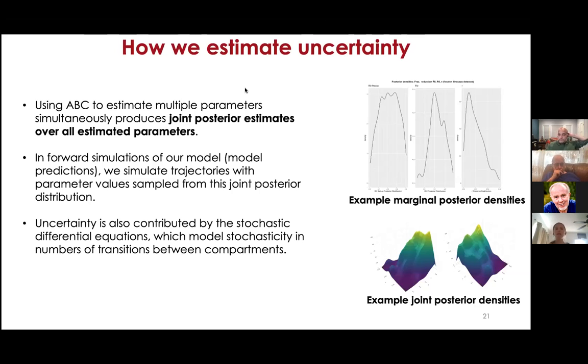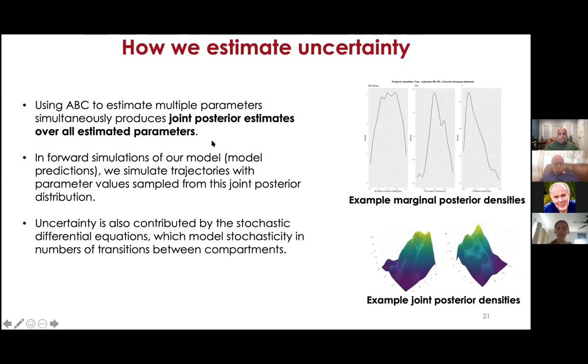That gives us a range of uncertainty for each parameter, and it's a joint distribution because of the way all of those parameters fit in the model together. When we do forward simulations of the model, we iterate over those 5,000 joint posterior estimates, and that gives us a range of uncertainty. That is another way in which we estimate uncertainty, in addition to what is contributed by the stochastic differential equation model.